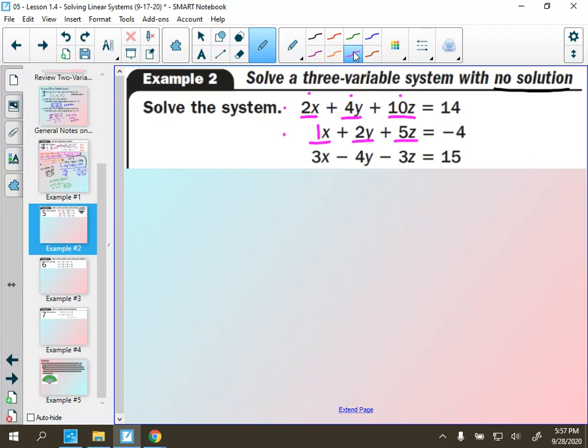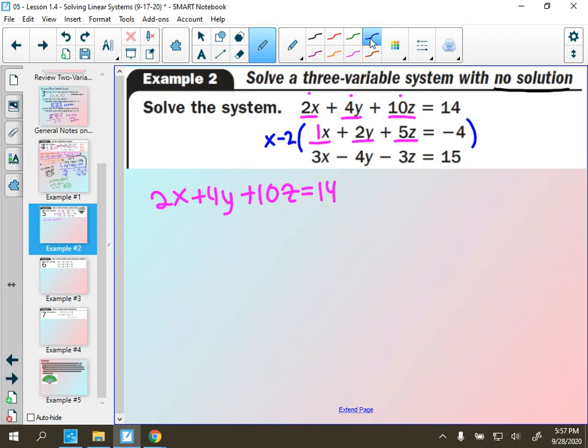So I'm leaning towards, you know what? Why don't we try something here? Why don't I keep this top equation exactly how it is, 2x plus 4y plus 10z equals 14. And then I'm going to take this second one and multiply everything, all four terms, by -2.